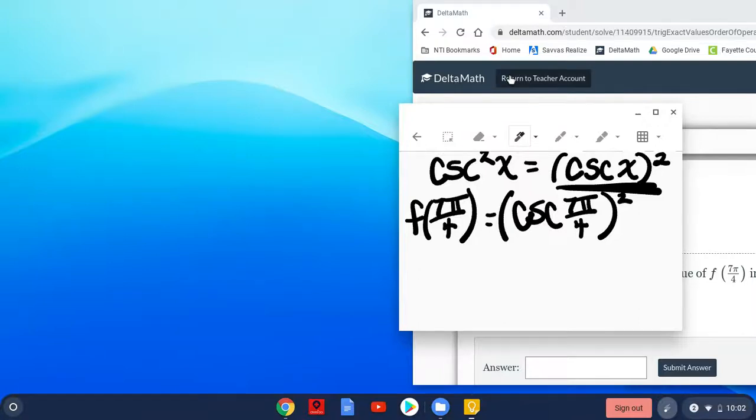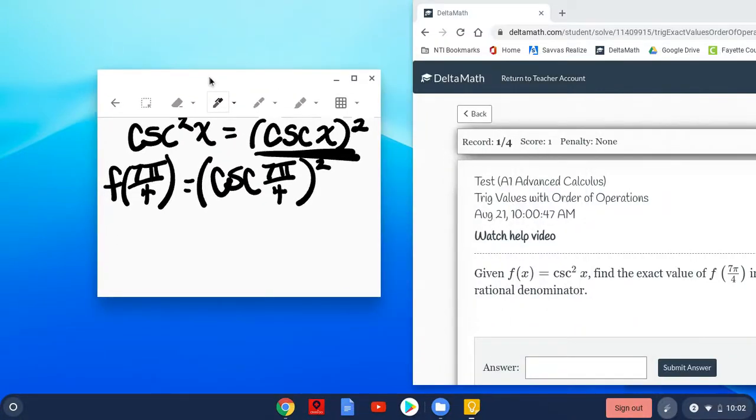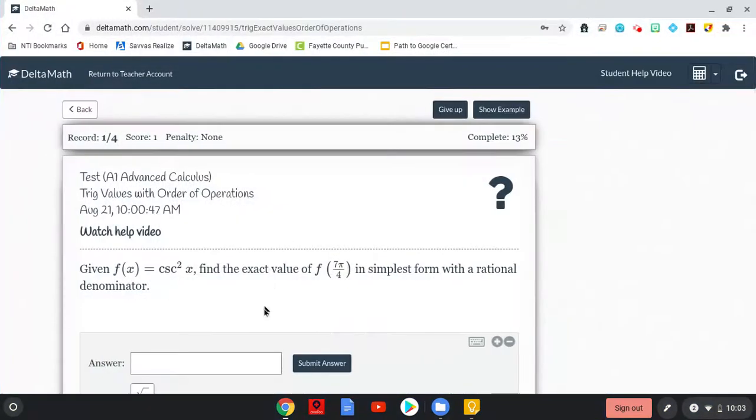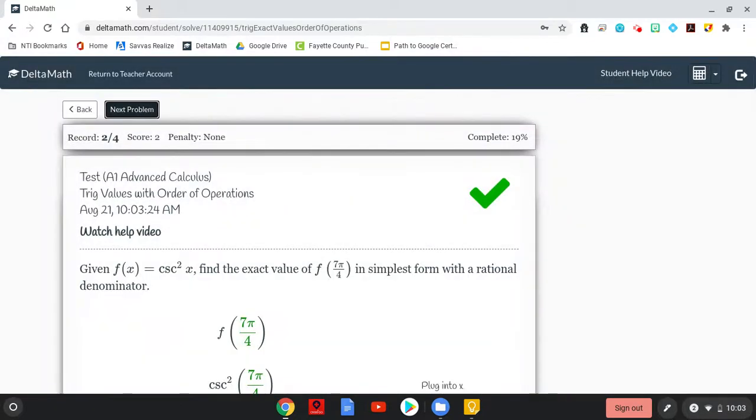So then I'll come over here and say that this equals negative square root of 2, squared. When you square a negative, you're always going to get a positive. So instead of negative, I have positive. And the square of a square root cancels out that square root, so positive 2 is what I should get for my answer. So I'll type in 2, submit, and there you go.